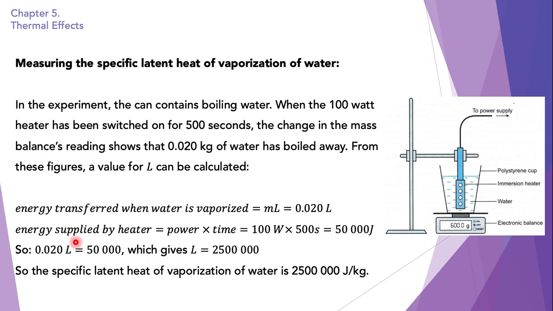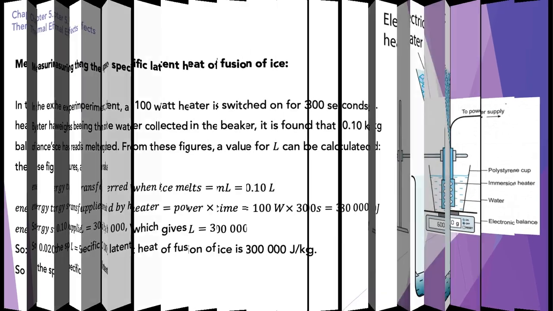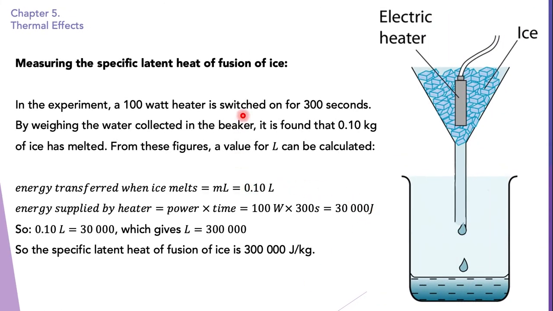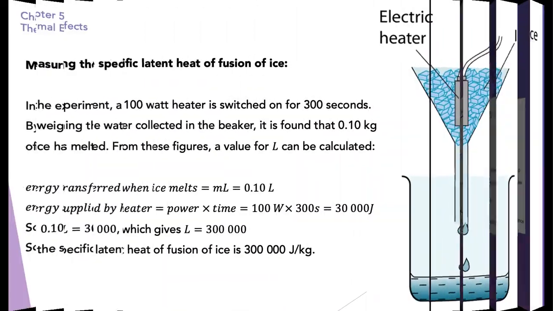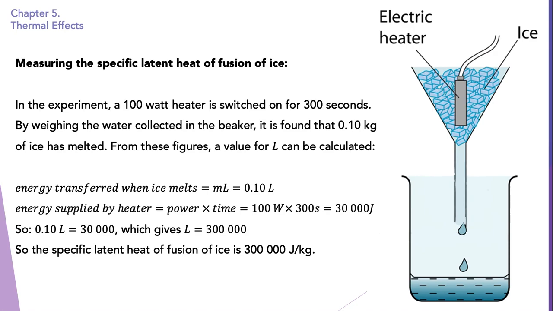It's just the same as for latent heat of fusion of ice, except that it is now latent heat of vaporization. Before we also did the same thing: we arranged the equation to find the latent heat. So this was the specific latent heat of vaporization of water and the specific latent heat of fusion of ice.